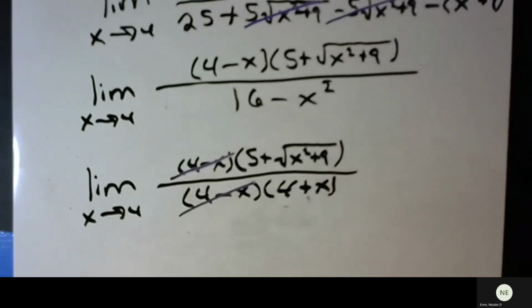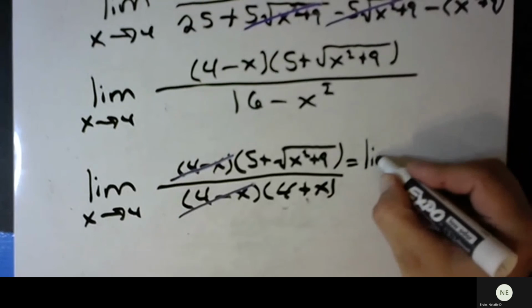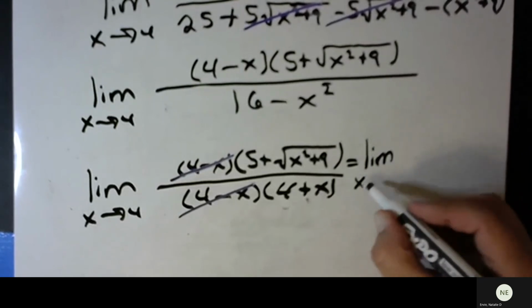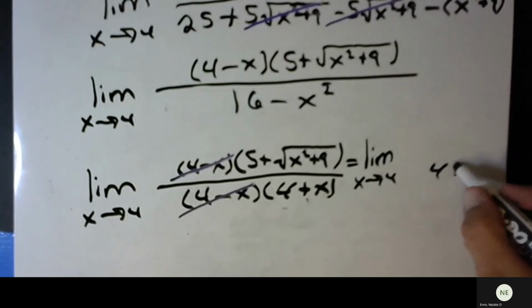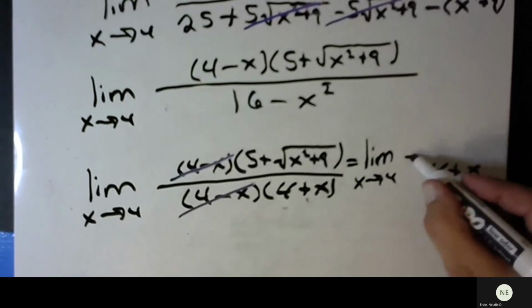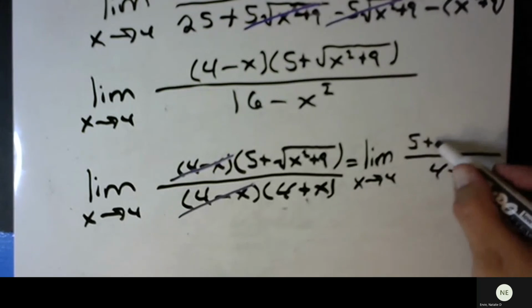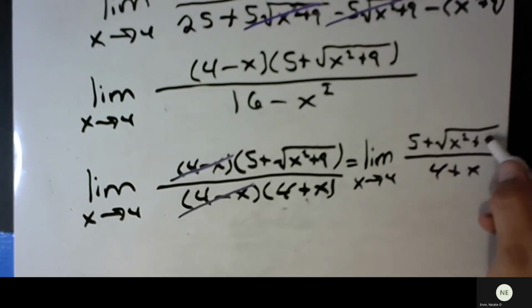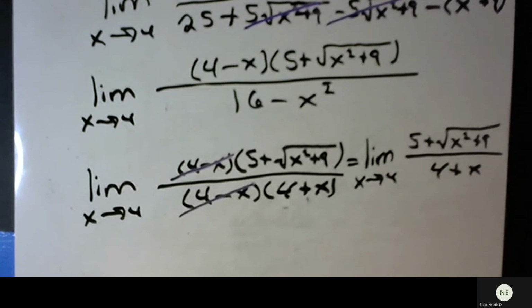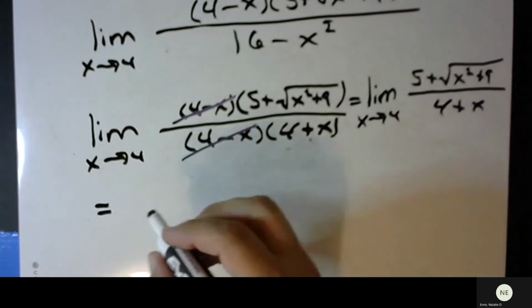And so what we're going to get is the limit as x goes to 4 of 4 plus x over 5 plus square root x squared plus 9. No danger of any division by 0. So we're going to substitute.